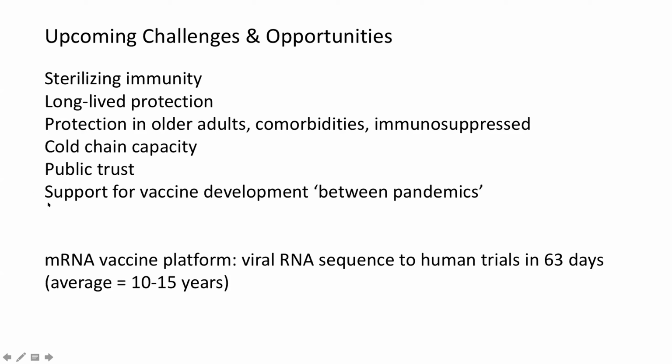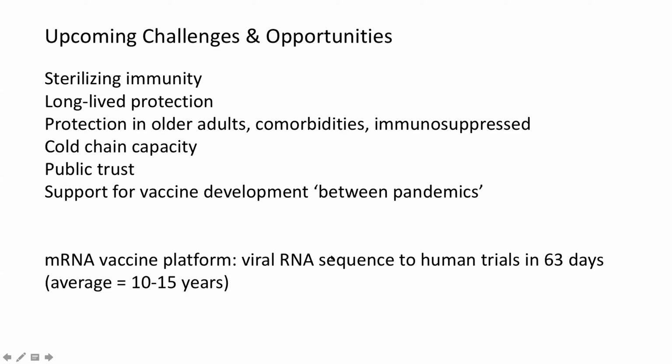And I think we're also seeing, kind of a good and bad, from this surge of vaccine development, that if we have support for vaccine development between pandemics, some of these platforms would already have been up and running and would move even faster when a new pathogen is recognized in the human population. An example of this is the mRNA vaccine platform.